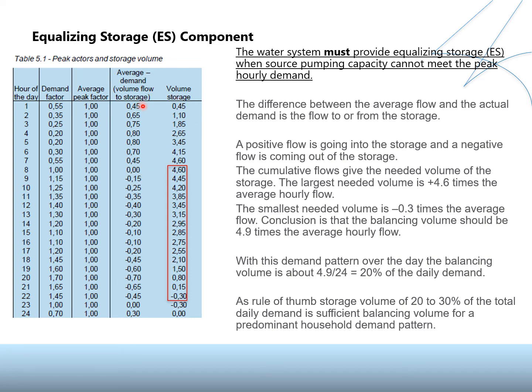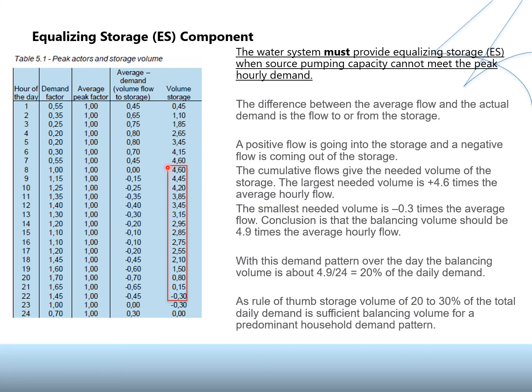And if you add them up, you can see what is the storage we have. So initially we have 0.45 storage, and then storage of 2 hours, 0.45 plus 0.65, 1.1, and then it keeps on adding until this point.